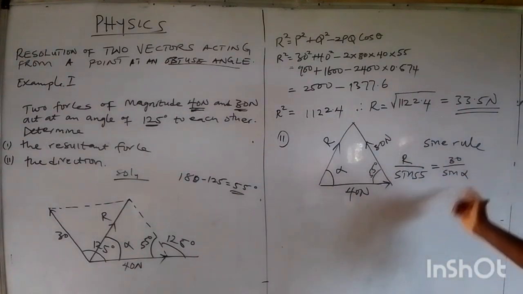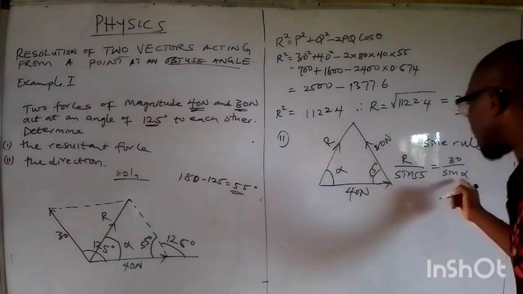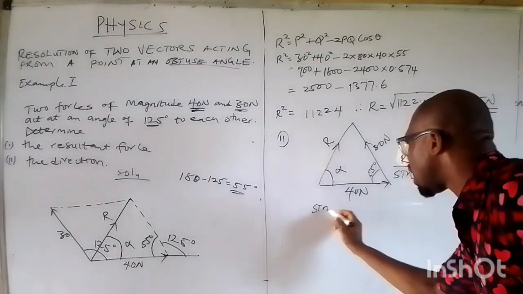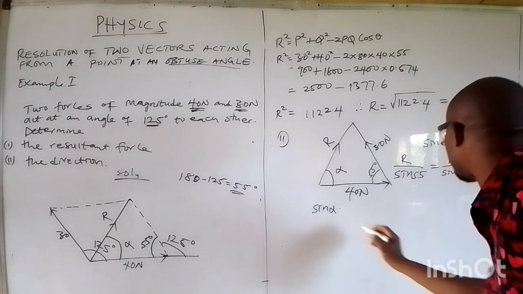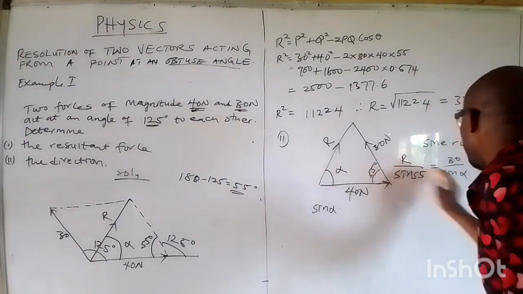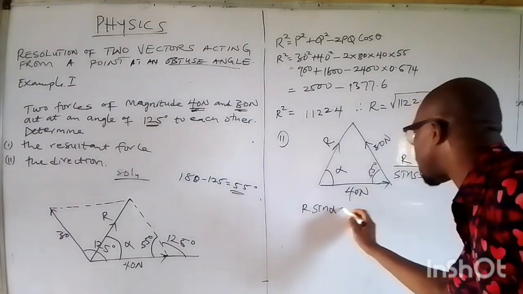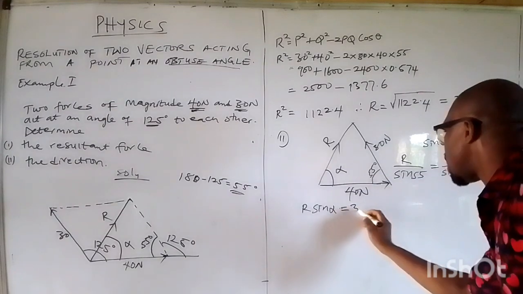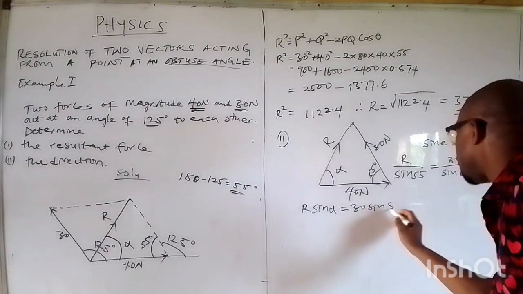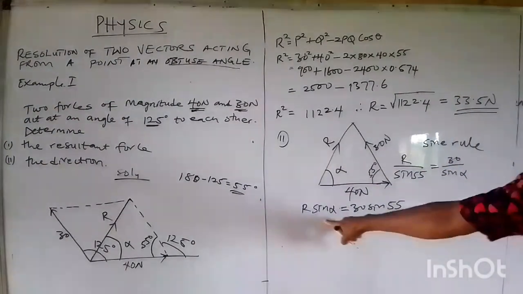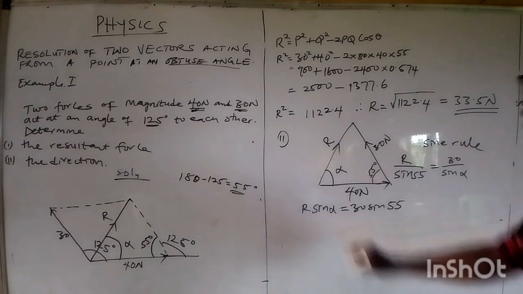If we cross multiply to make sine alpha the subject, R times sine alpha is equal to 30 sine 55. Make sine alpha the subject.